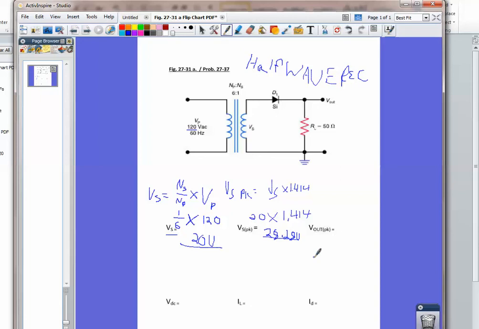Okay, 28.28 volts. Now this video is already at 5 minutes and 24 seconds, so I can see that it will probably take 15 minutes to do one of these.